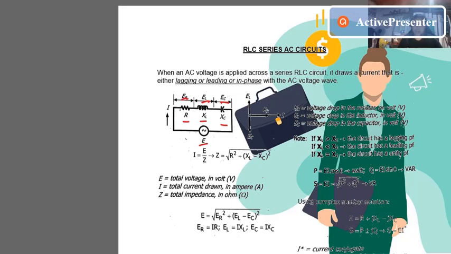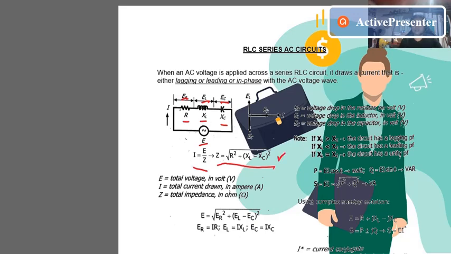The formula for current is I equal to E divided by Z. Take note, for RLC the formula for impedance is equal to the square root of R squared plus XL minus XC squared. Take note, this formula is very important.